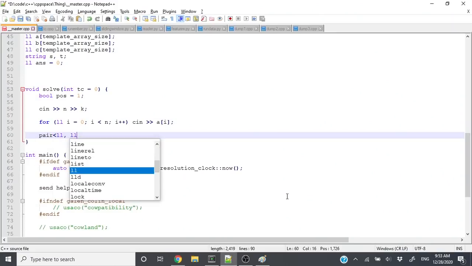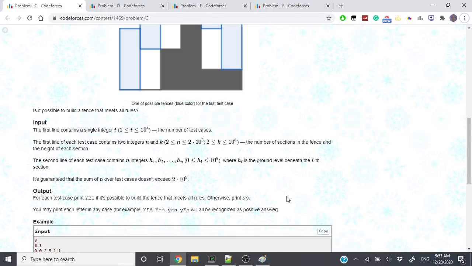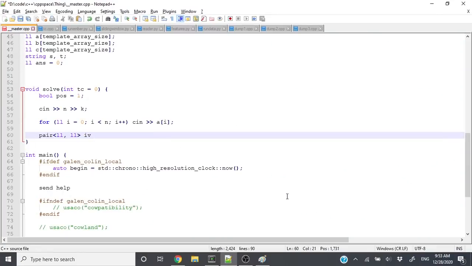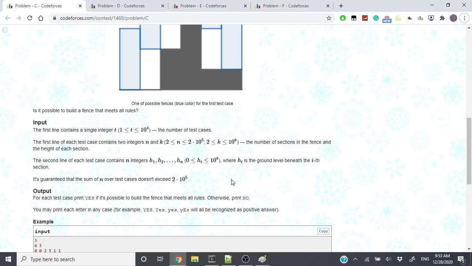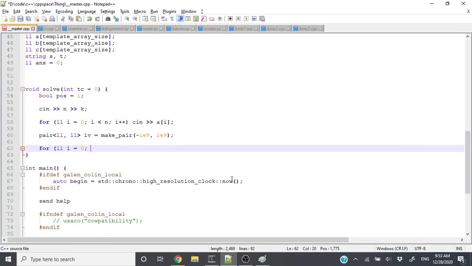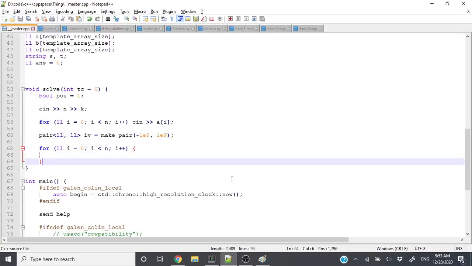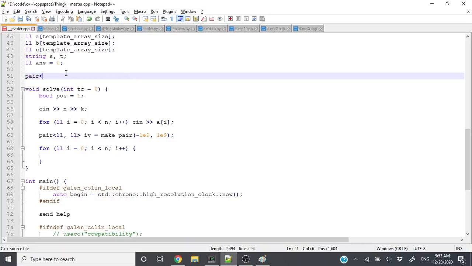So, alright, now let's see. I'm going to write intersection between intervals.